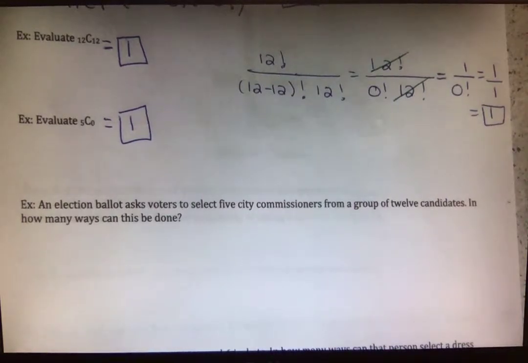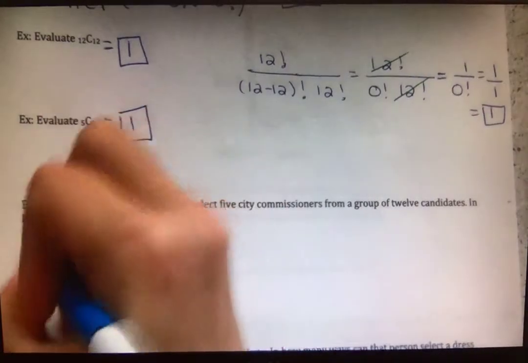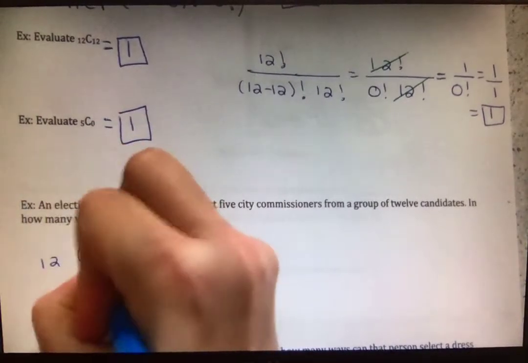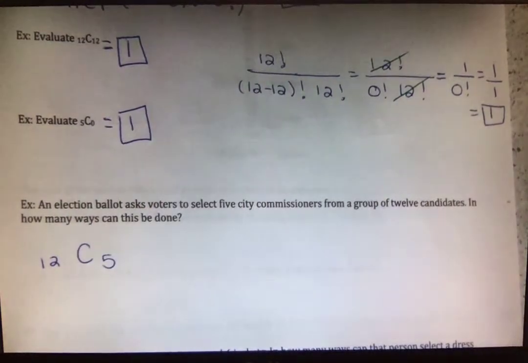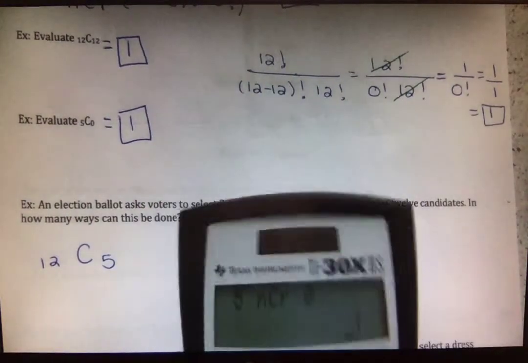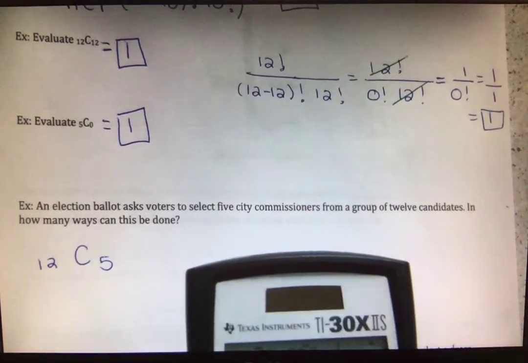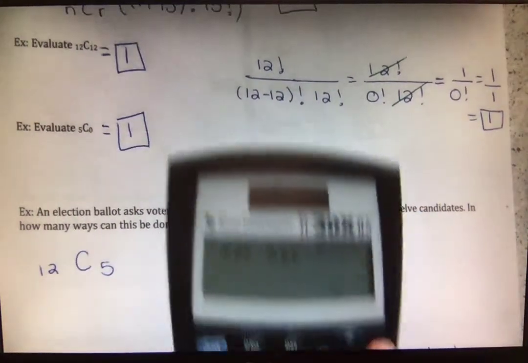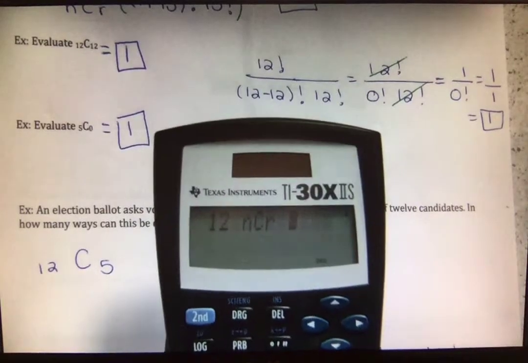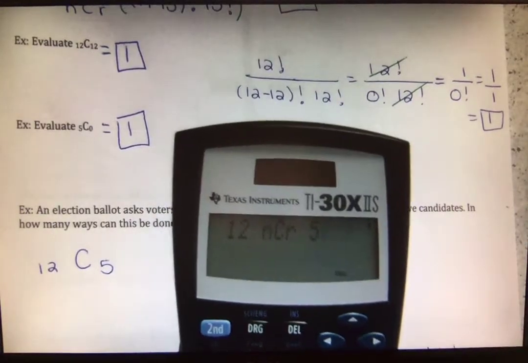How many are there total? 12. How many are we choosing? 5. So in our calculator, 12, hitting our PRB button, scrolling over to the combination tool, we're choosing 5 of them.